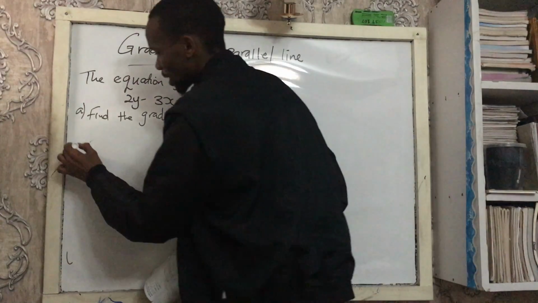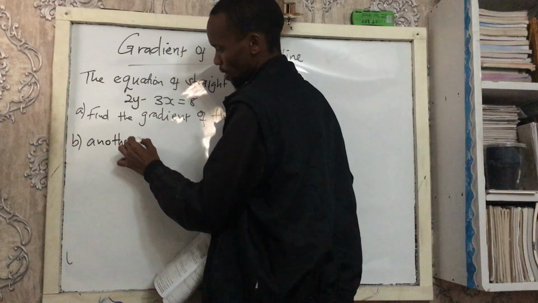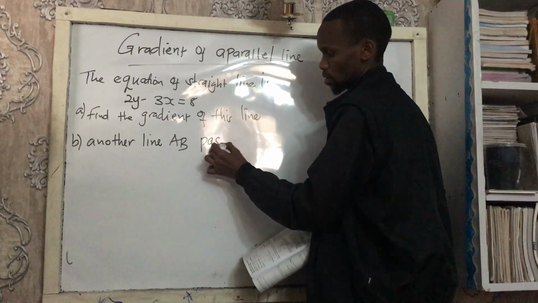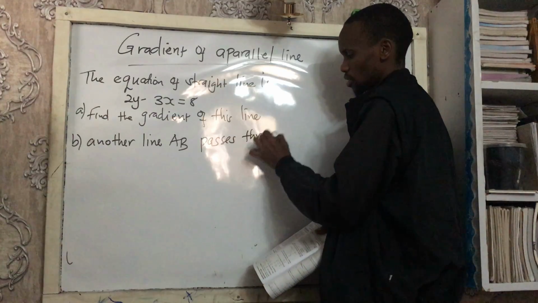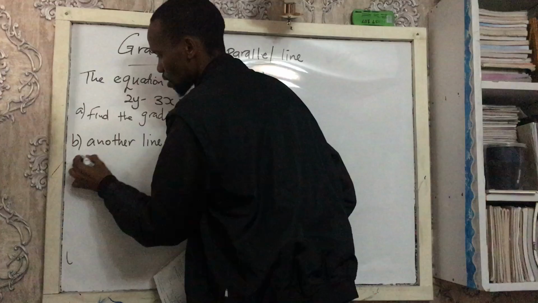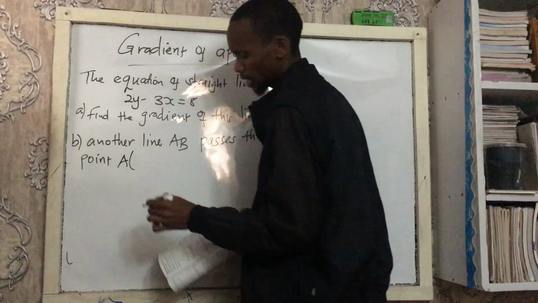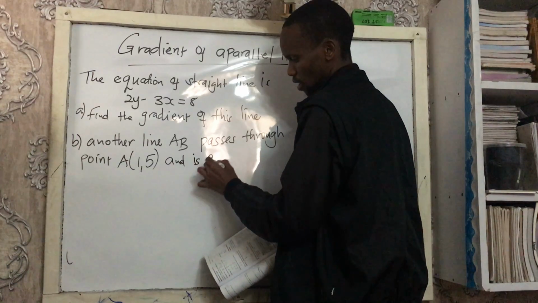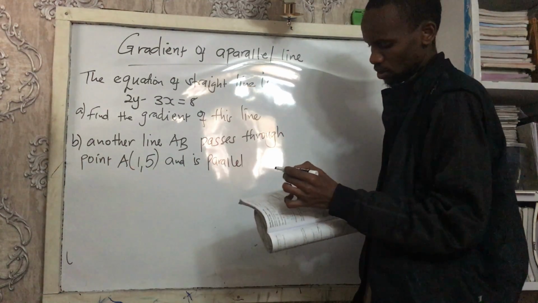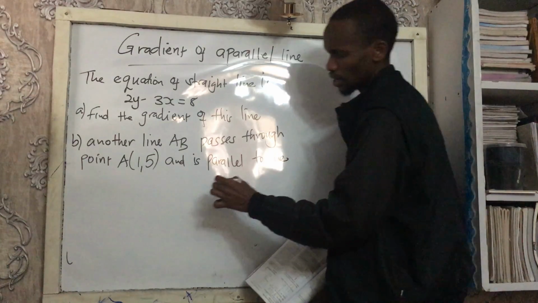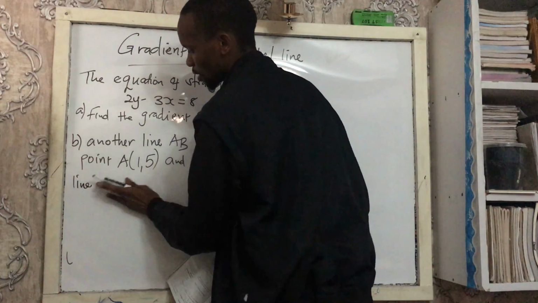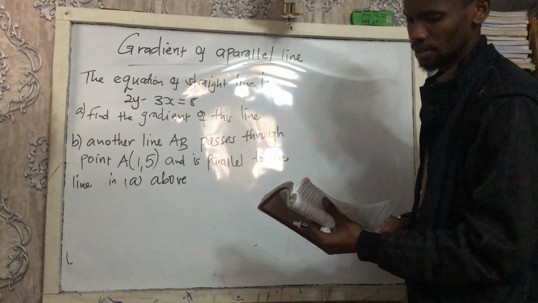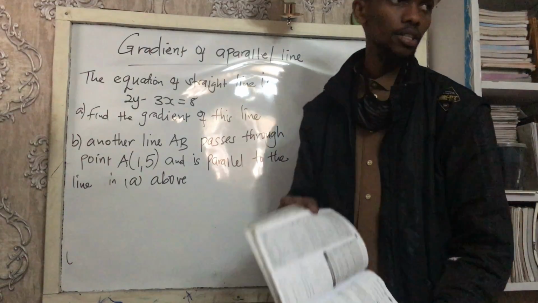Number B, another line AB passes through point A (1, 5) and is parallel to the line in A above.